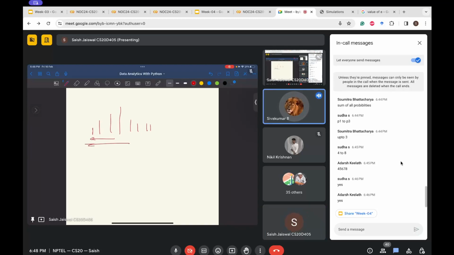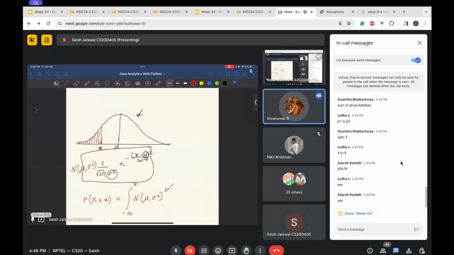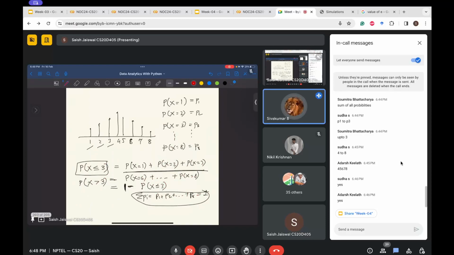So if it is a PMF, it's a probability of a specific value, right? If my understanding is correct. Yeah, in that case, it will be probability of a specific value. So for example, probability of x equal to 3 is nothing but PMF, and then the probability of x less than or equal to 3 is nothing but CDF.